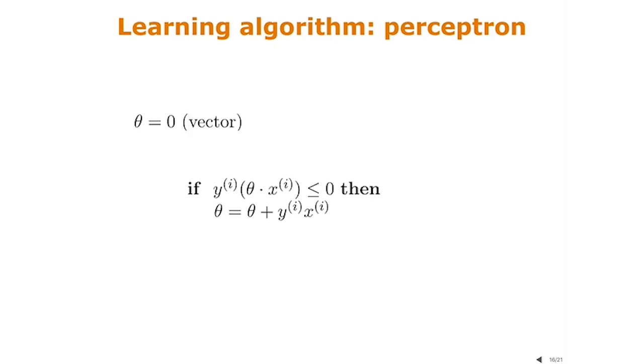This algorithm will succeed if there exists any linear classifier through origin that correctly classifies the training examples; then the algorithm will find a solution to that problem.